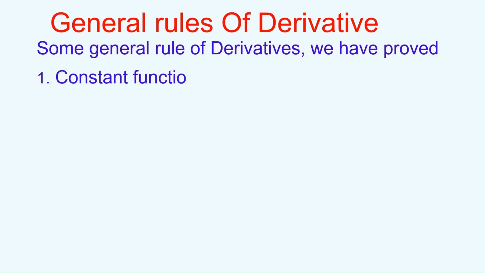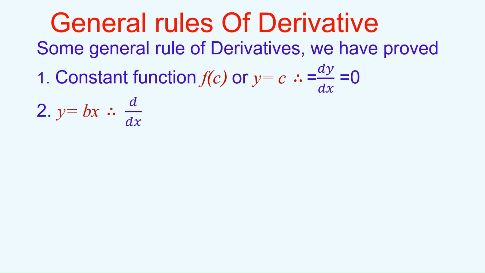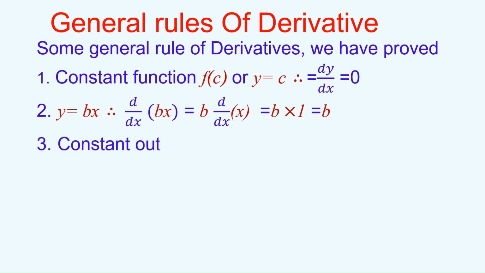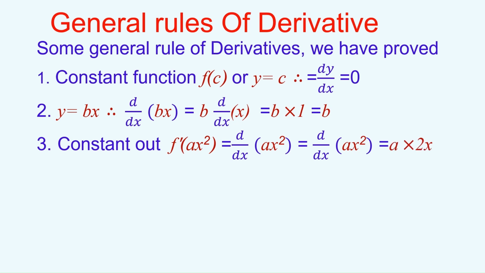Constant function f(x) = c, or y = c, therefore dy/dx equals 0. 2. y = bx, therefore dy/dx equals d/dx of bx equals b times d/dx of x equals b times 1 equals b. 3. Constant out: f'(x) of a times x squared equals d/dx of a times x squared equals a times 2x.